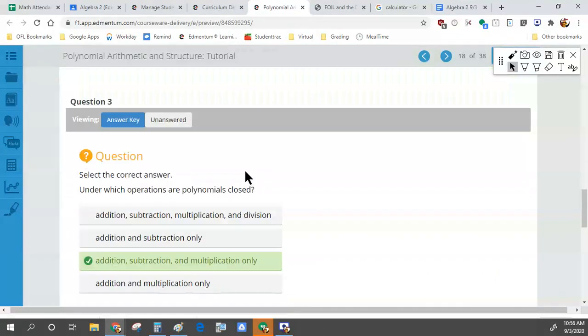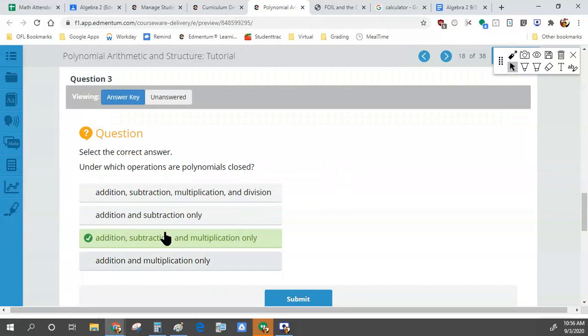All right. What are they closed under? They do not have division. I actually don't understand why they don't have division, but they don't. I think they want to say that they don't have division because this would technically not be a polynomial. Doing 3 divided by x plus 3 would not be a polynomial. Does that make sense?